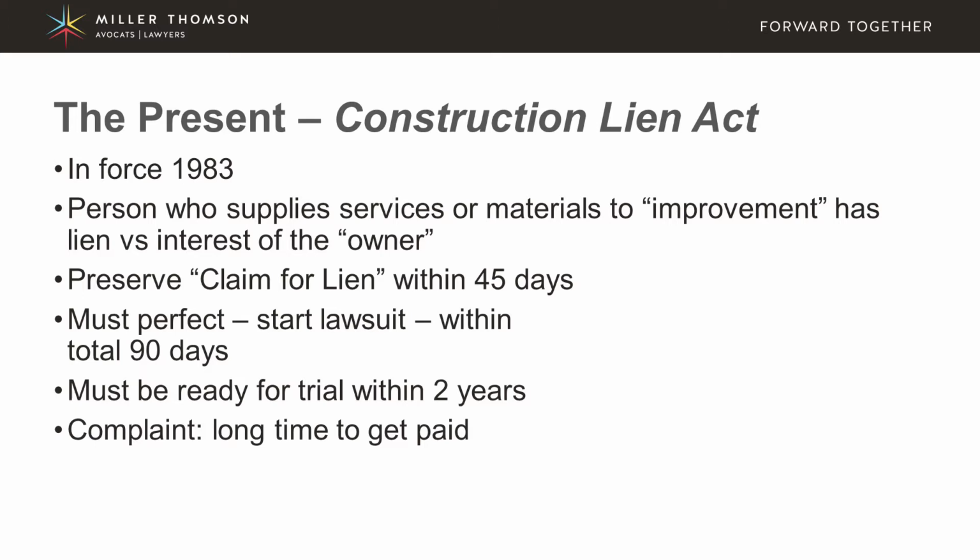As you can see, this creates a fairly long time period before a subcontractor or a general contractor has an opportunity to get paid, which flies in the face of the purpose of the Construction Lien Act, which is that it's supposed to be of a summary nature. It's supposed to be a quick remedy for trades and contractors and subcontractors.